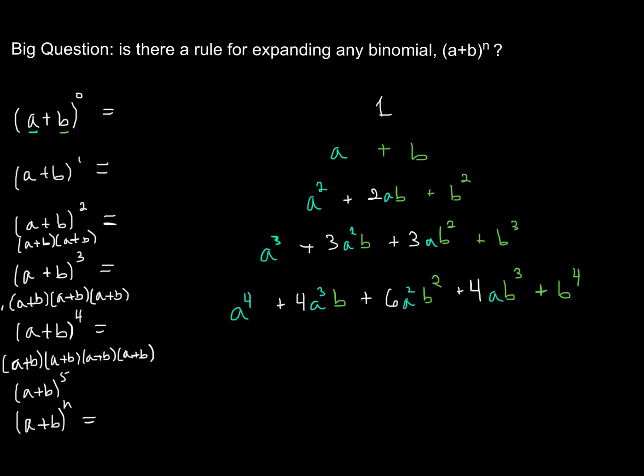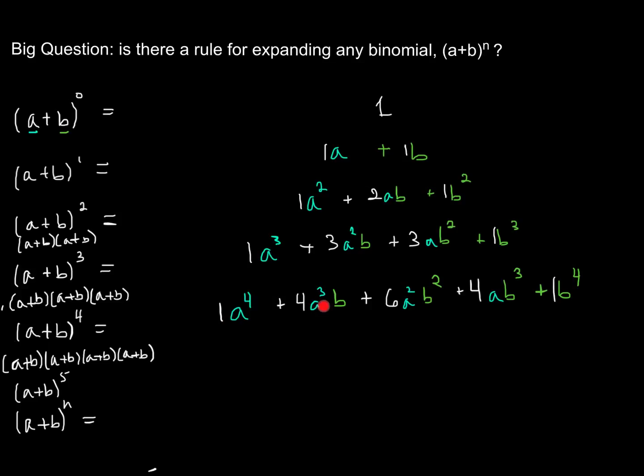Okay? Then the next thing to look at is how do the coefficients relate as I go from A plus B to the 0, A plus B to the 1, on down. And here's where I'm going to make it a little easier. Notice the coefficient of A is 1. Coefficient of B is 1. 1, 1, 1, 1, 1, 1.